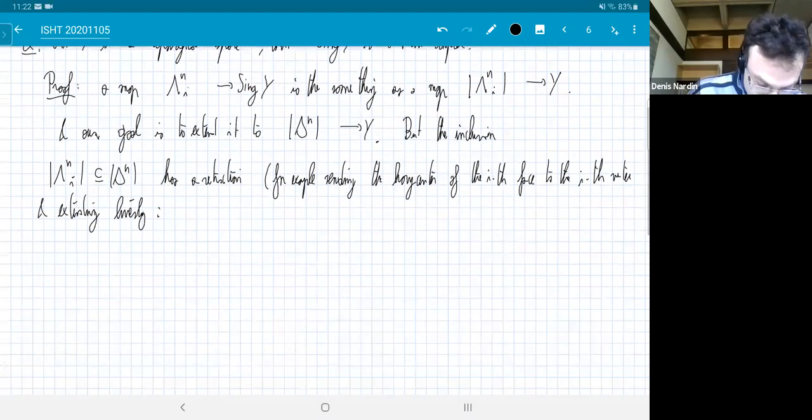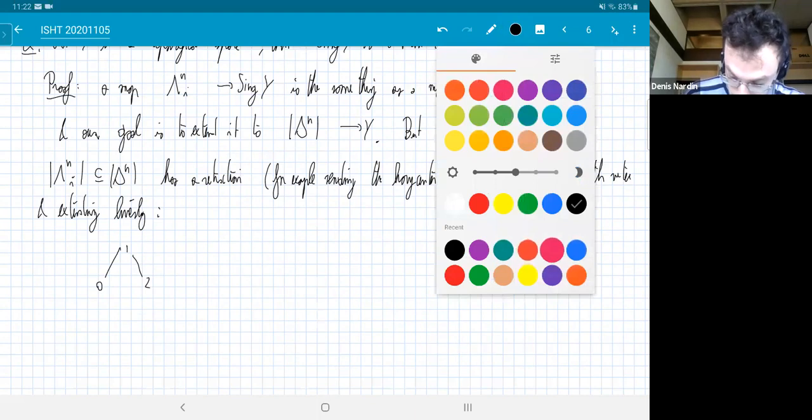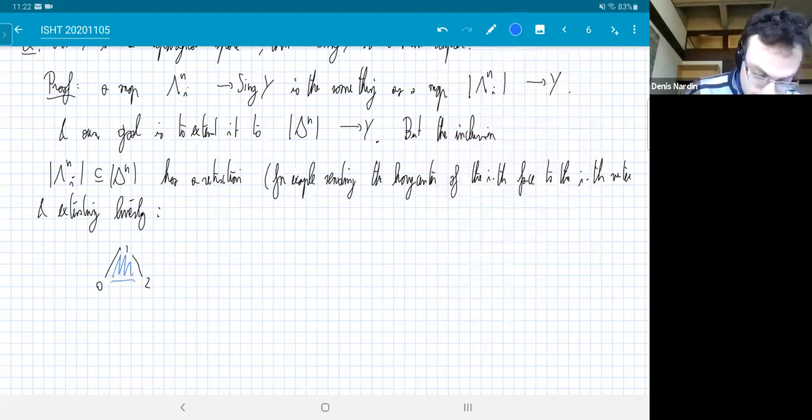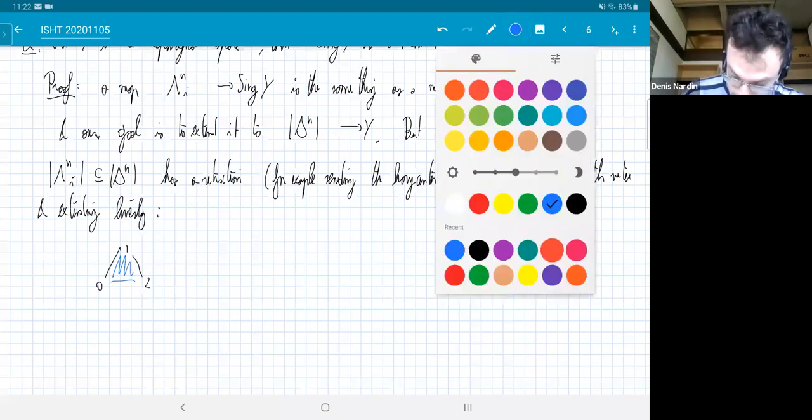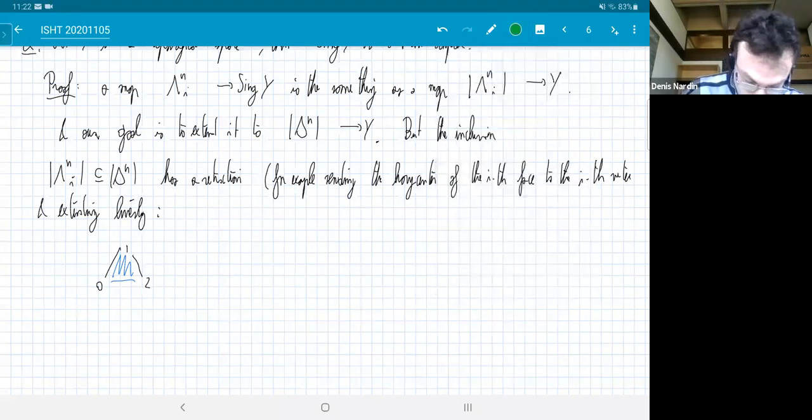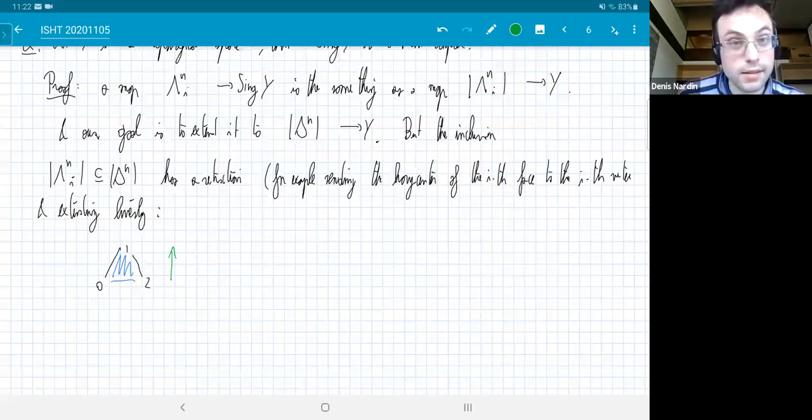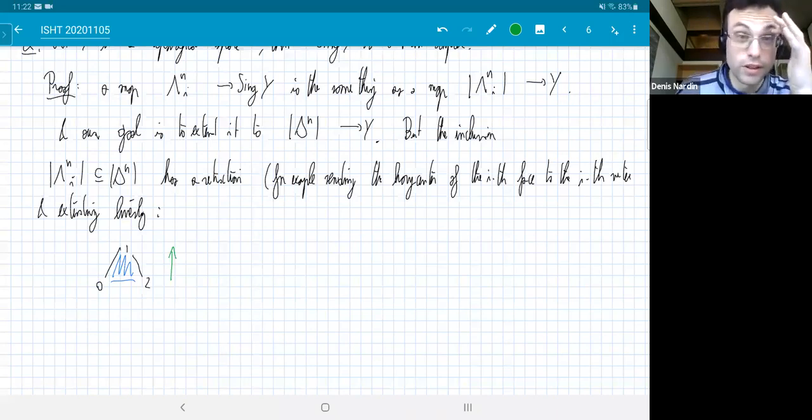And let me draw it so it's clear what I mean. So this is the horn, and this blue piece here is the rest of the simplex. And what this map is doing is just projecting upstairs in a straight fashion. You can write it in formulas if you want, but I'm not sure it's going to be clearer than drawing this thing.